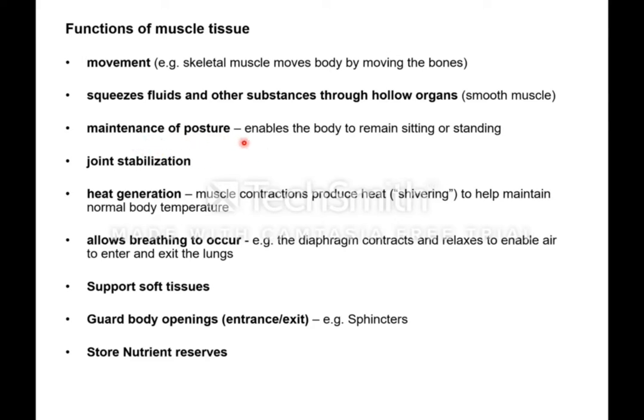Other functions are maintenance of posture that enables the body to remain sitting or standing, joint stabilization, heat production, allowing breathing to occur, that is the diaphragm muscle or other muscles of the respiratory system, supporting soft tissue such as the muscles of the abdominal wall, guarding body openings, entrances and exits such as sphincters, and storing nutrient reserves.